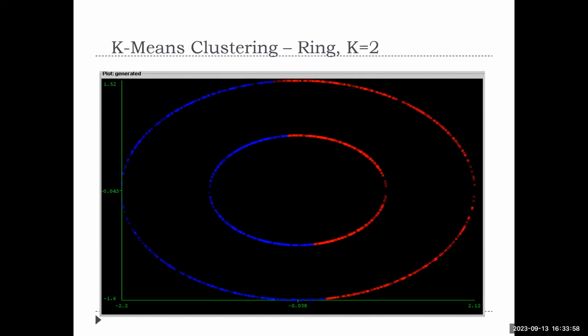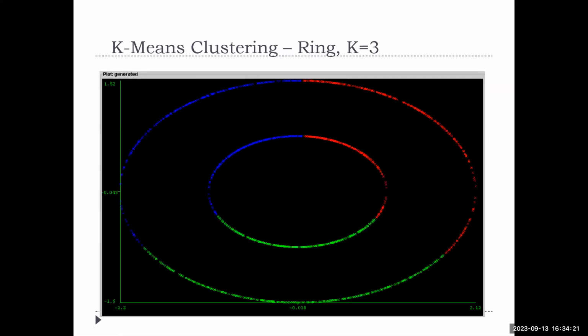But because of the distances, each ring is split into 2. Normally, you expect this ring to be 1 cluster. But because of the distances, the distance from here to here is less than the distance from here to here. With k is equal to 3, this is what you get.